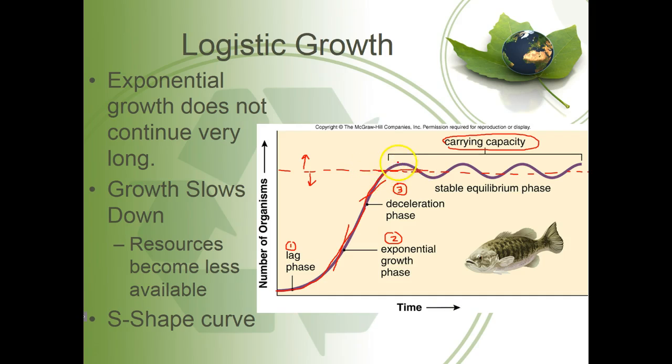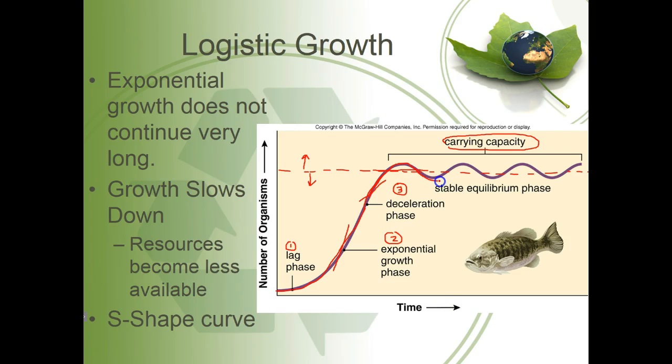Now, you always overshoot the carrying capacity. Typically will overshoot. So all of a sudden organisms are slowing down, but they still have resources. They're still reproducing, and all of a sudden all the organisms that were just produced by sexual reproduction are in the environment, and now they no longer have resources, okay? And so if you overshoot the carrying capacity, there aren't enough resources for the organisms, and so they die out.